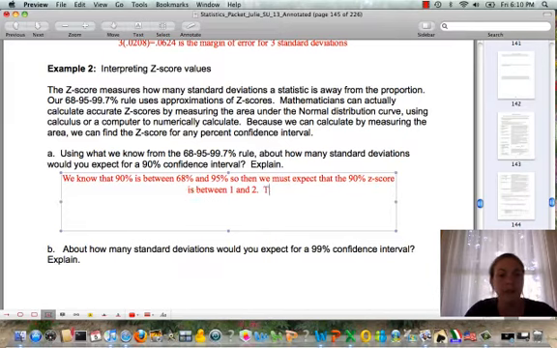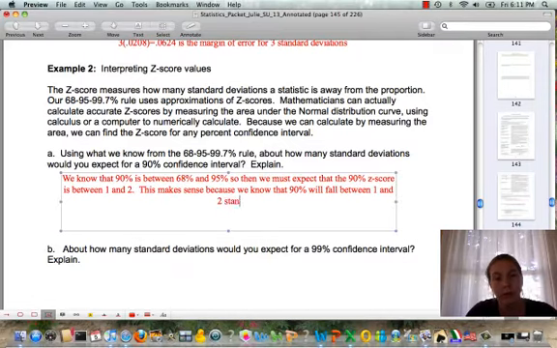This makes sense because we know that 90% will fall between 1 and 2 standard deviations on the normal distribution curve.